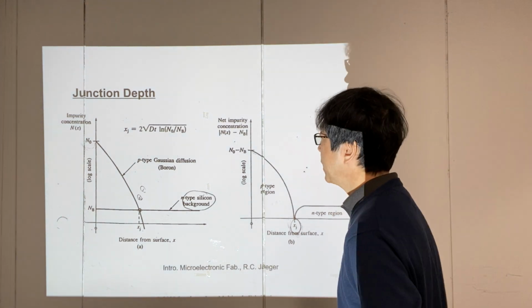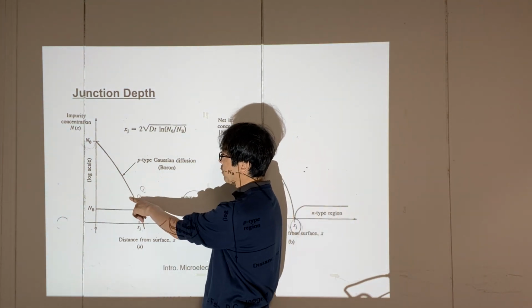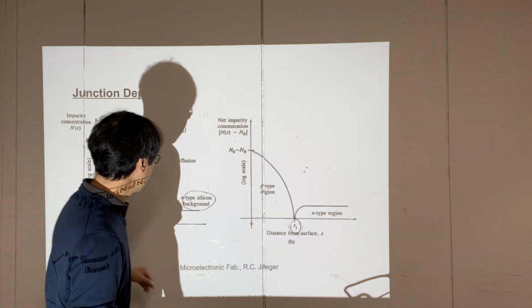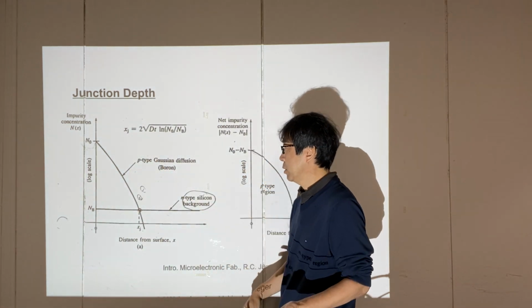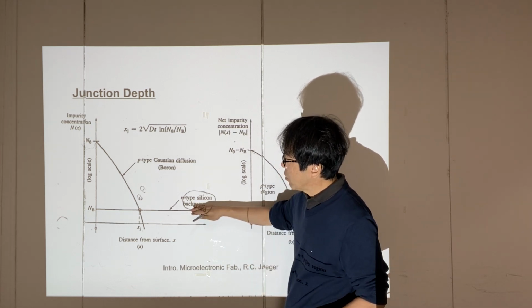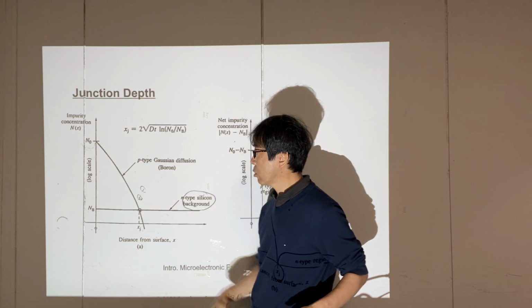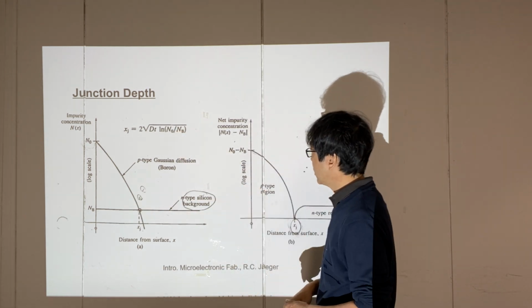So junction depth is the depth where the doped concentration, for example here a p-type Gaussian distribution, boron doped, and the n-type, for example the silicon background with phosphorus as the background concentration, become the same, and you can easily calculate this depth.